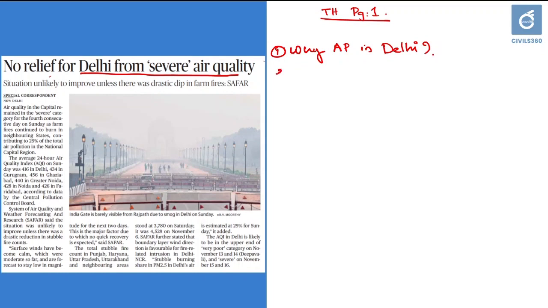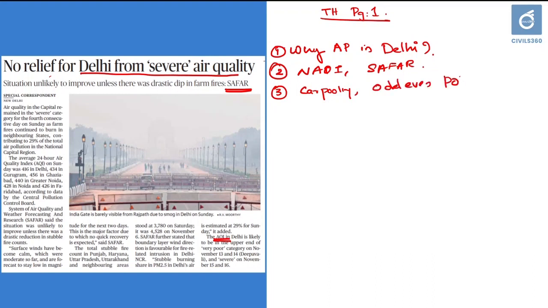The second part is that in this article itself they refer to certain aspects, that is, the SAFAR app and the Air Quality Index. You should learn about the National Air Quality Index, SAFAR, etc. Other than this, also focus on carpooling, the odd-even policy, green crackers, etc. All these ideas should be known.